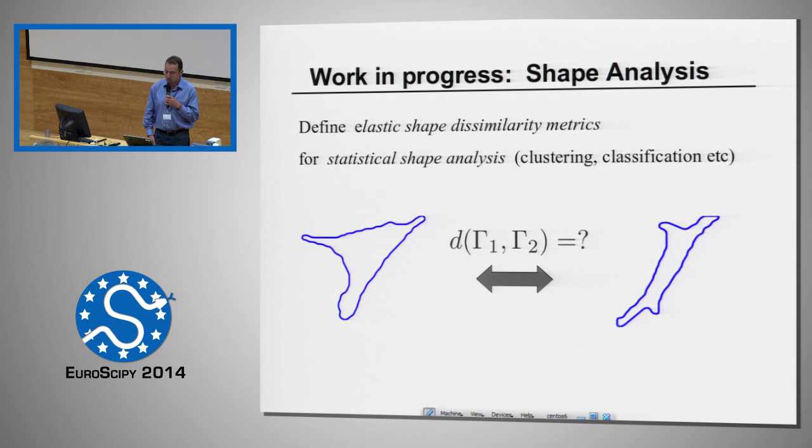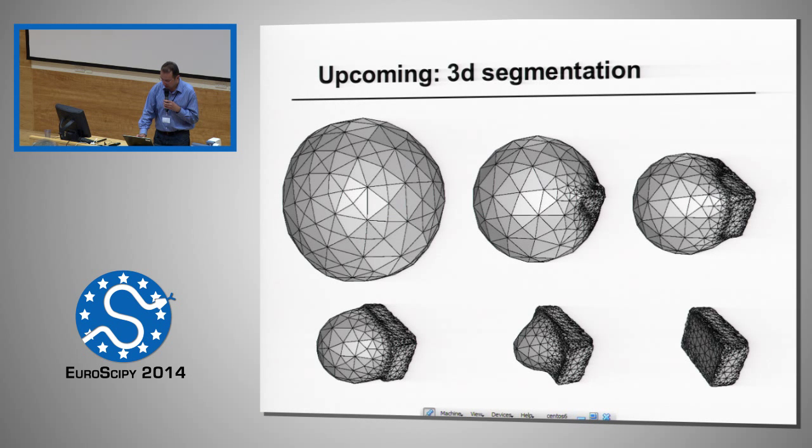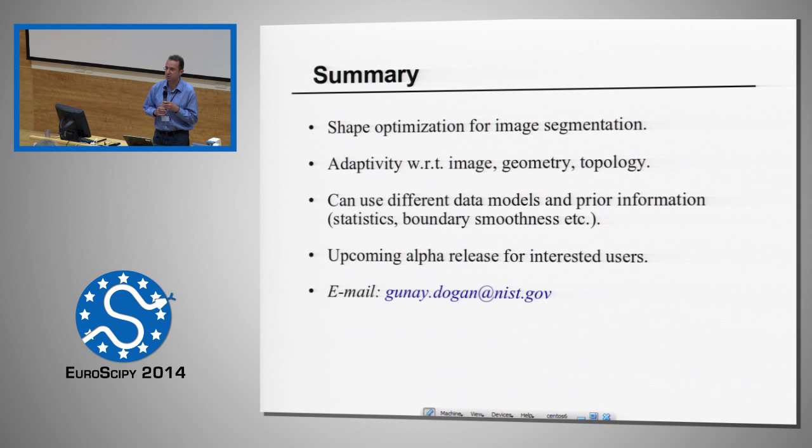Other work that's in progress is shape analysis. You can compare vectors of numbers and quantify them, do data mining on them, but if your data consists of shapes, it's not straightforward how to do this, and the math is pretty involved. You can do this with our approach in 3D, and so just email me for the code.